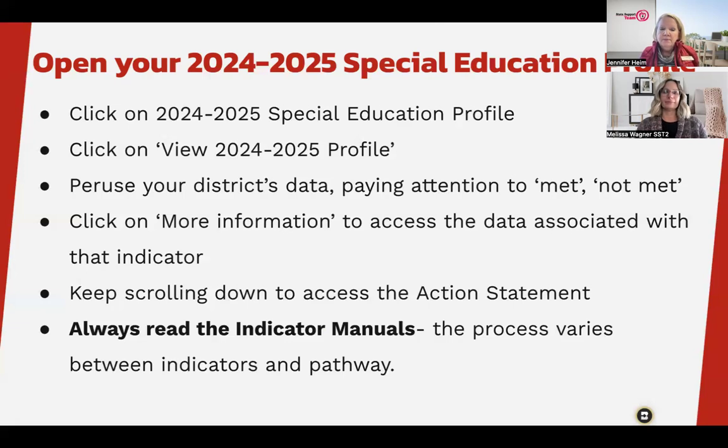So you might want to refrain from downloading that manual, because it could be possible that you're looking at a manual that isn't the most up-to-date version. Also keep in mind that the process for each indicator, and the pathway to go through that process, varies a little bit depending on the indicator.